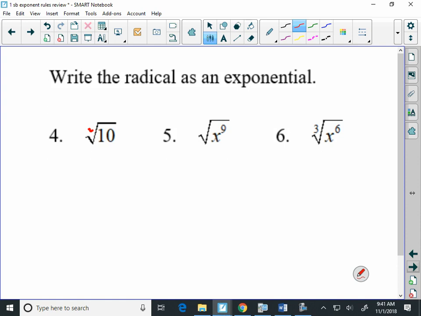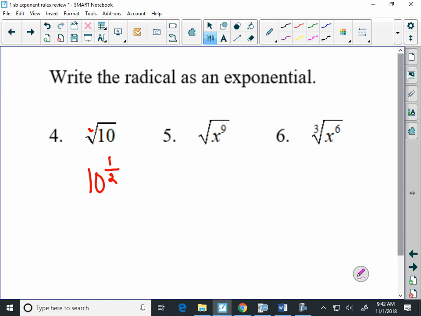But 10, a number underneath the radical in this case, is going to be the base. And remember, whatever number's in the check mark part of the radical is going to go in the denominator. We don't have any exponent on the 10, so it must be 1. So the square root of 10 is the same thing as 10 to the 1/2. Number 5, same idea here.